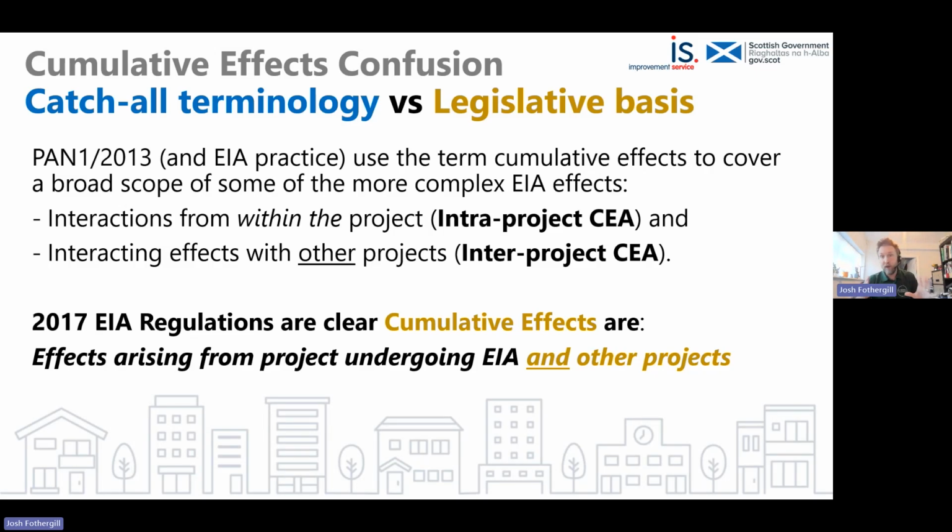The interactions within the project, different parts of the project operating on different components of the environment, are intra-project cumulative effects, and then inter-project effects are those between the project seeking consent and others. That's out there, it's used, it's in our PAN 1 2013, so we need to be aware of it, but it does generate confusion. So we're going to take a step back from that and just look at cumulative effects as they're described within the EIA regulations, and that's what we're going to focus on.